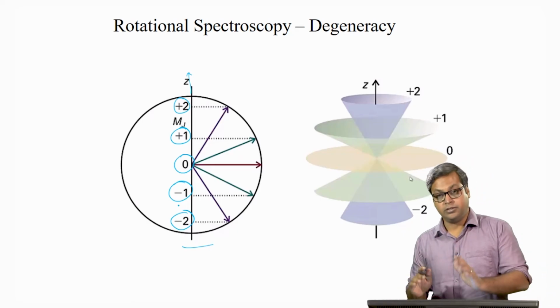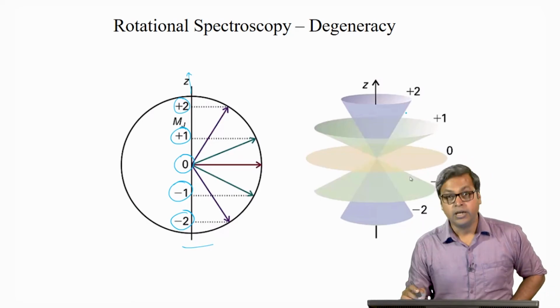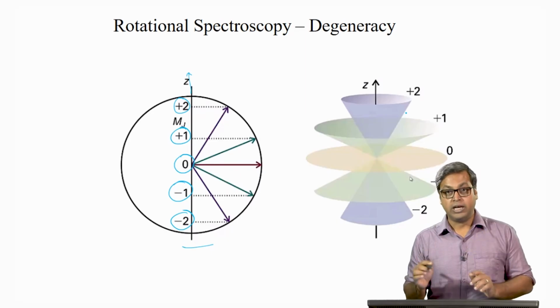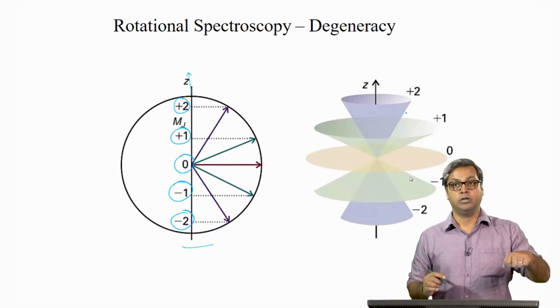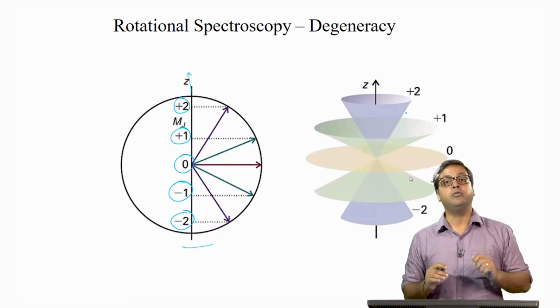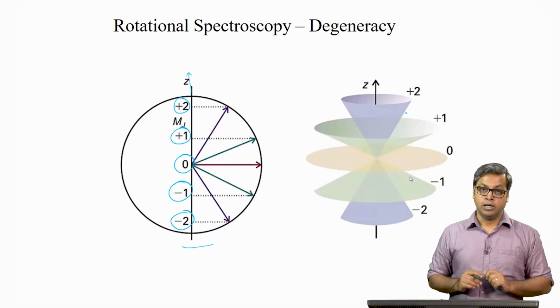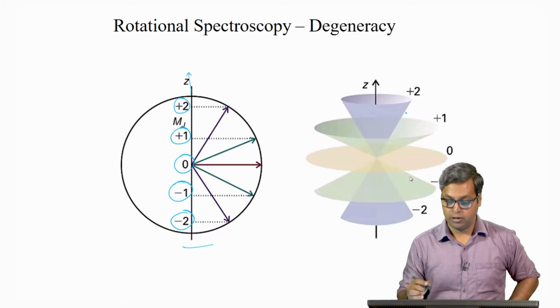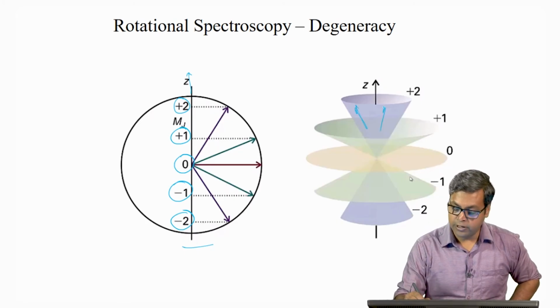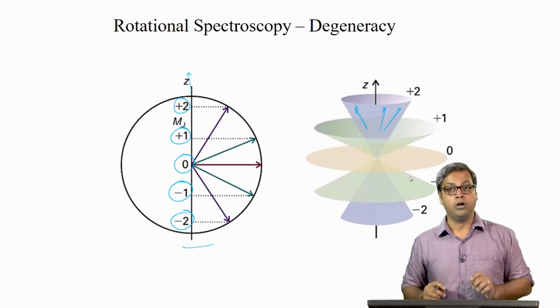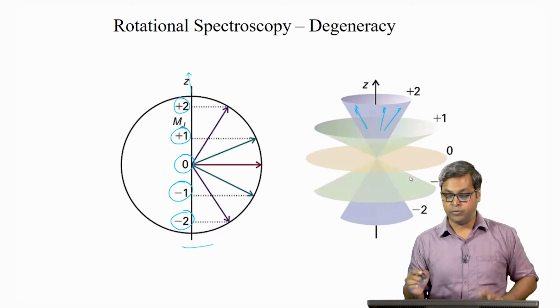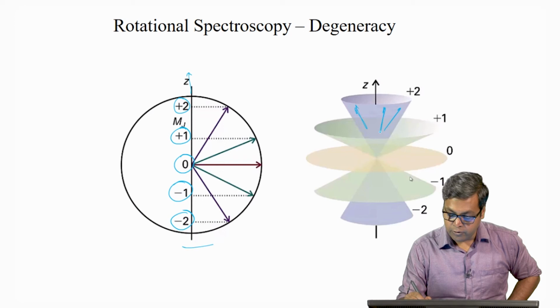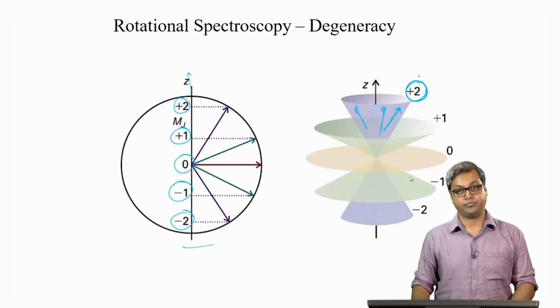On the right we see the 5 cones that are being swept out to represent the angular momentum vector. The angular momentum vector can lie anywhere on the surface of the cone for a particular value of m j, and when I draw this, the value of m j for this particular cone is plus 2.